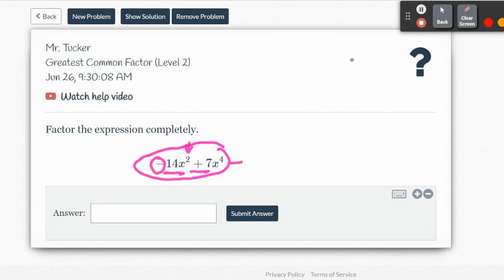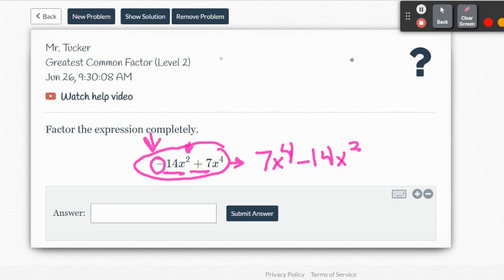If I was to put this in standard form and reverse the order to make it 7x to the 4th and then minus 14x squared, I would not pull out a negative. If it was a leading coefficient that was negative, I would factor out the negative. In this case, I would not, simply because my leading coefficient is a positive 7 in standard form, so I'm not going to pull out the negative.